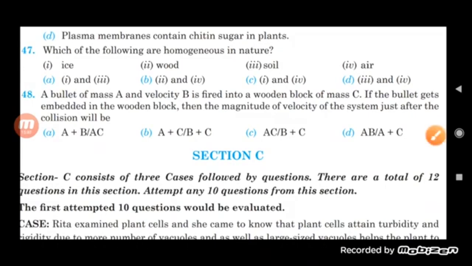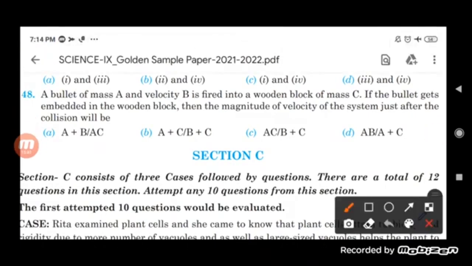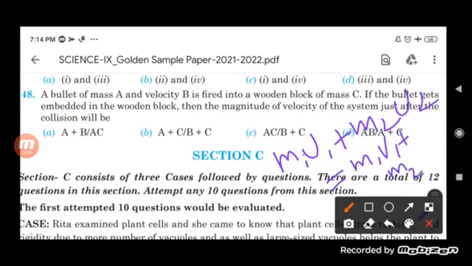Initially it was moving with the mass. You know that the conservation of momentum is m1 u1 plus m2 u2 equals m1 v1 plus m2 v2.